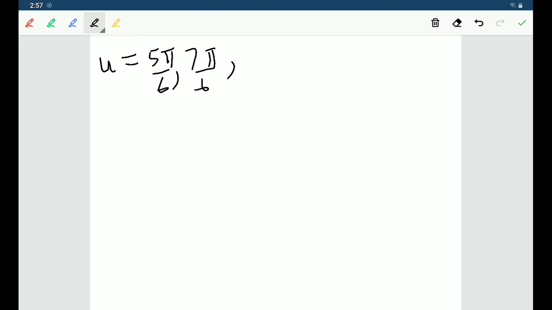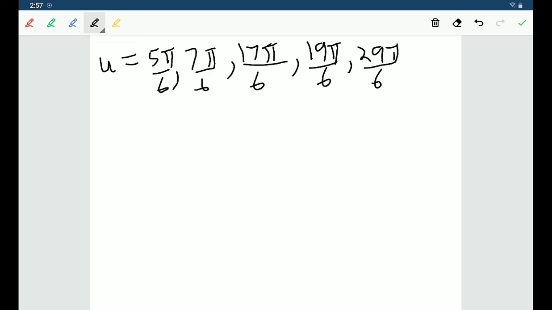If I go forward one full circle, if I add 2 pi to both of those, 5 pi over 6 plus a full circle is 17 pi over 6. If I take 7 pi over 6 and go forward a full circle, that's 19 pi over 6. 17 pi over 6, go forward a full circle from that, that's 29 pi over 6. 19 pi over 6, go forward a full circle, that is 31 pi over 6.